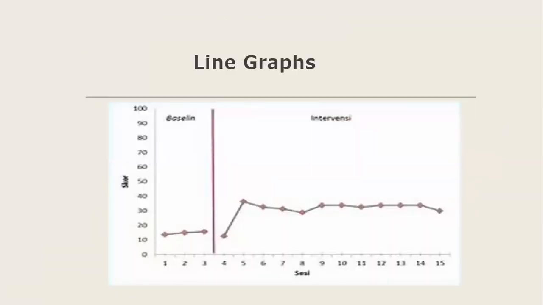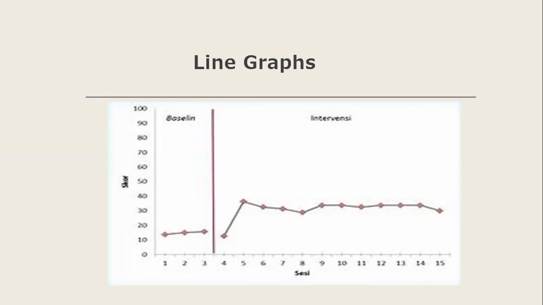A line graph is very important. That's what we normally see too. So it still has an X and Y axis. The line graph, you have a baseline and an intervention. With the baseline, we do not provide any correction. It's yes or no, whether the client knows it or doesn't know it. We're probing to get a baseline of what the client does know.